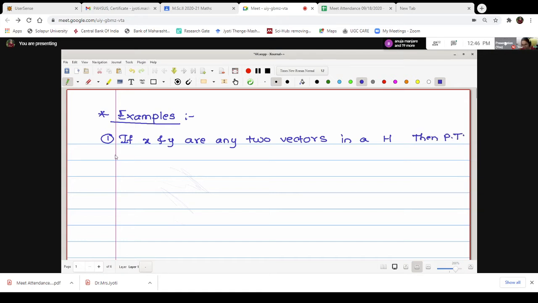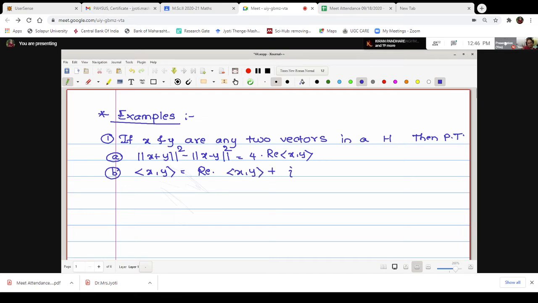The first point we want to prove is norm square of x plus y minus norm square of x minus y is equal to 4 times the real part of the inner product of x and y. Point number B to prove is that the inner product of x and y is equal to the real part of the inner product of x and y plus i times the real part of the inner product of x with iy.